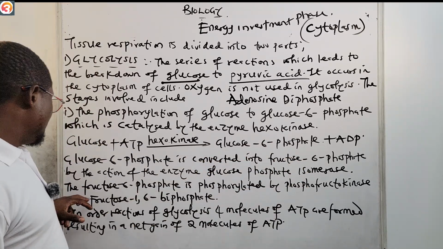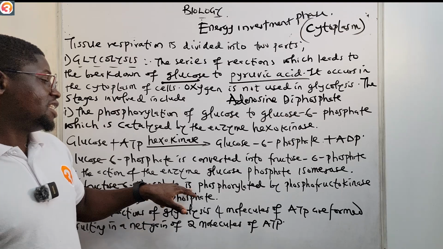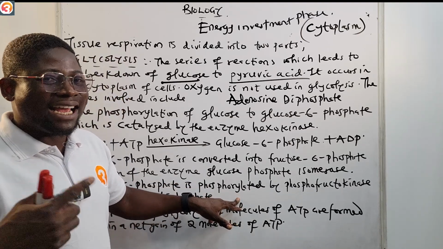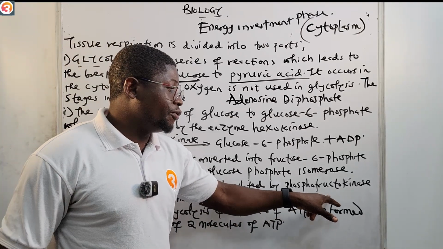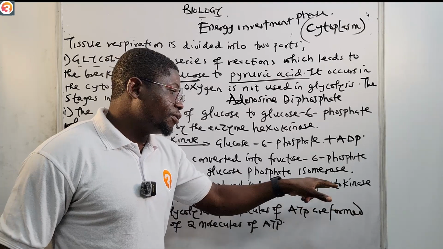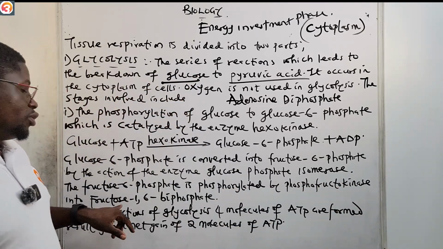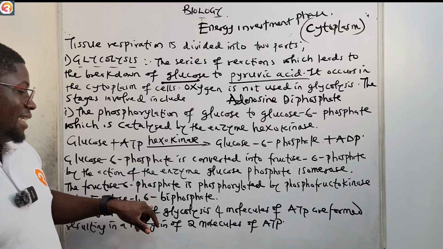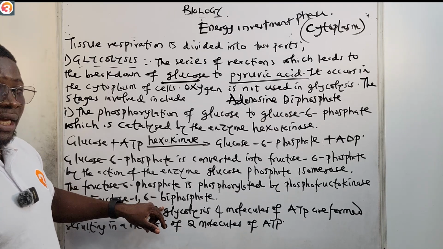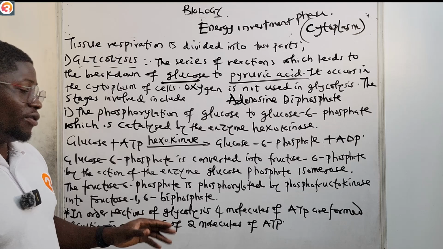Now this fructose 6 phosphate is phosphorylated by another enzyme called phosphofructokinase into what we call fructose 1,6 bisphosphate.